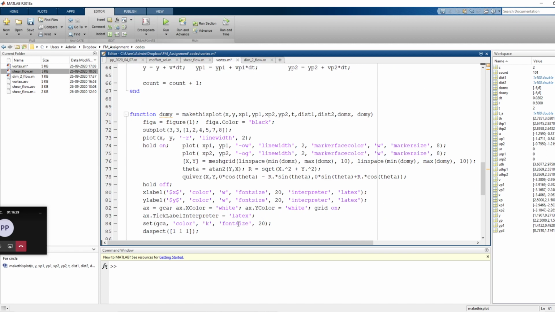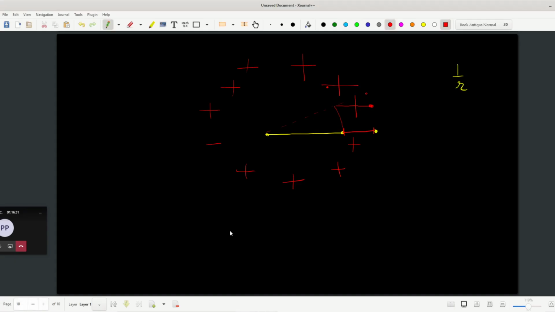Okay, so the expectation is a fluid element like this will simply go in circles while it will maintain that shape. So if I take a playing card like this, the playing card will simply go in circles.